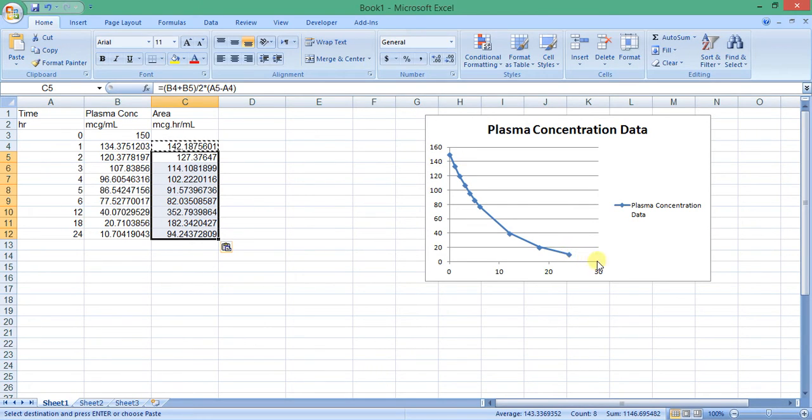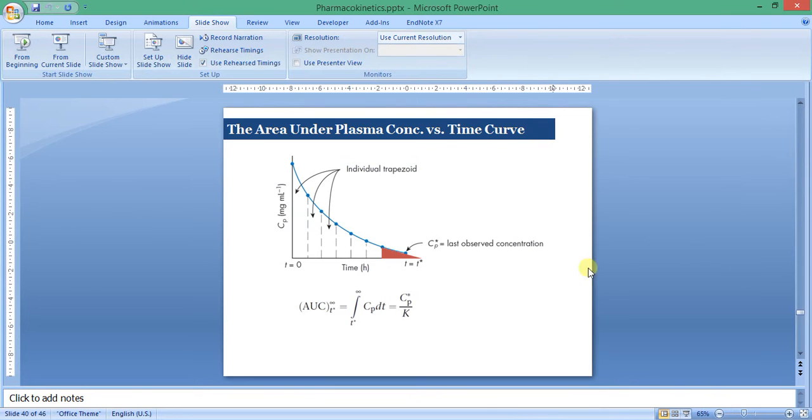To calculate the area of the part following this last point, as explained in the lecture, the area equals the last observed concentration divided by the elimination rate constant.